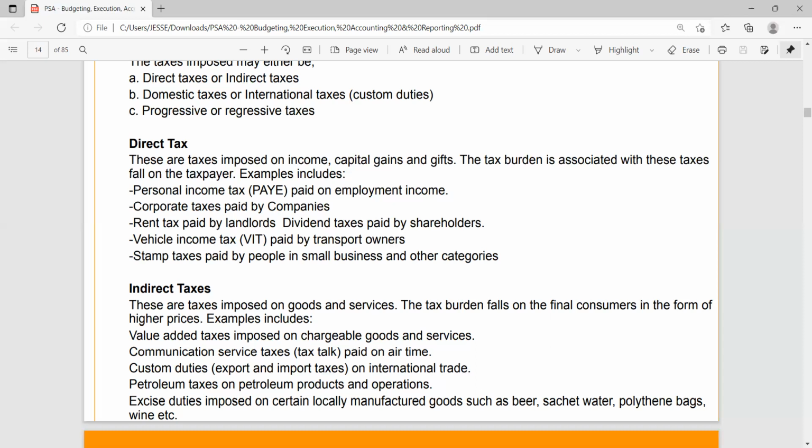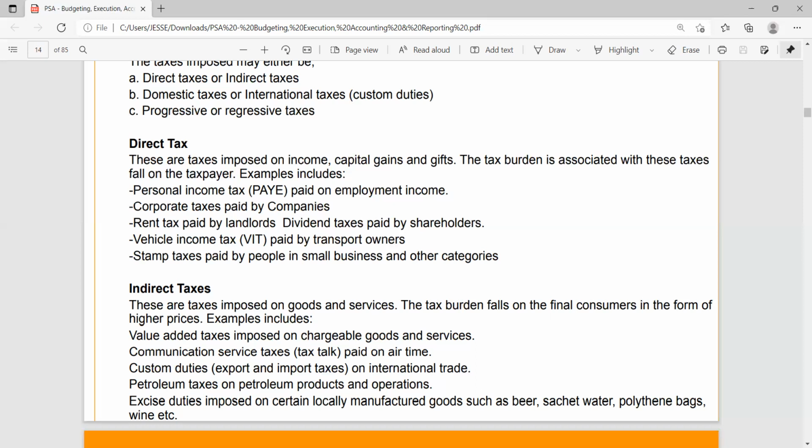Indirect taxes are imposed on goods and services. The tax burden falls on the final consumers in the form of higher prices, right? Higher prices. So in the case of direct tax, the tax burden falls on the taxpayer. For indirect taxes, the tax burden falls on the final consumer. Examples include value-added tax.